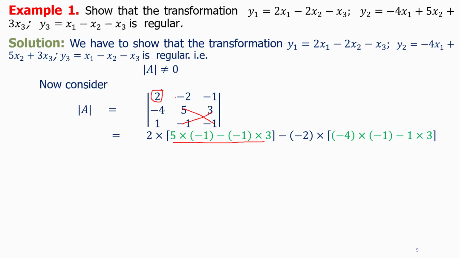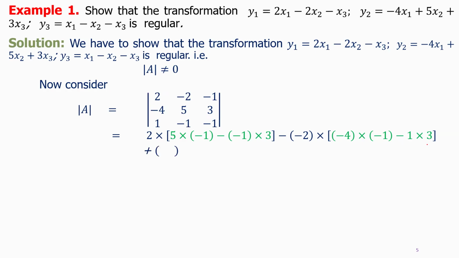This minus of minus 2. If you want to find its value, we have to leave this row and column. So minus 4 into minus 1 minus 1 into 3.